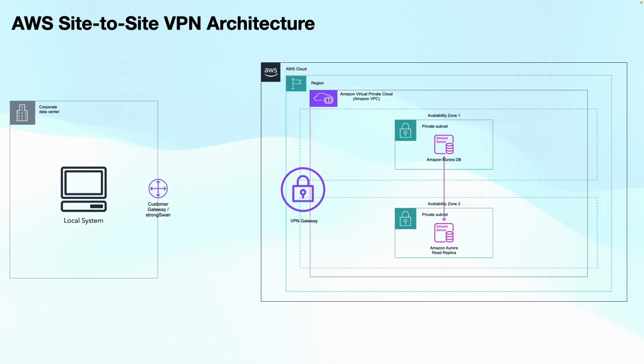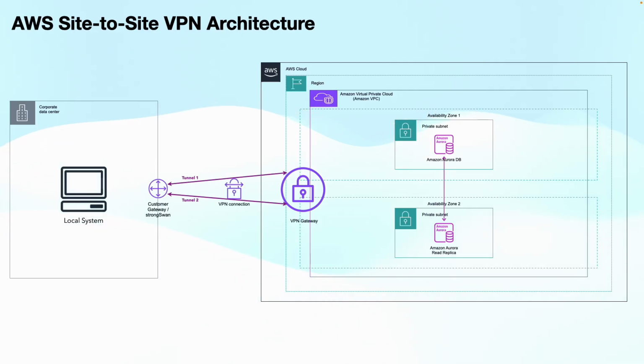And we'll have the customer gateway. Since I don't have an on-prem data center, I'm going to use an AWS VPC in another region, and I will use Strongswan as the VPN customer gateway device. Strongswan is an open source IPsec VPN. Then we will establish the 2 tunnels.